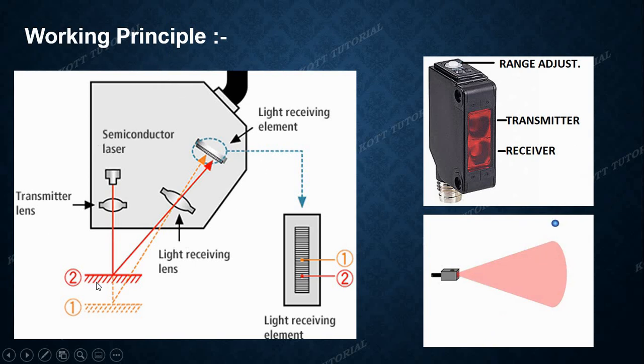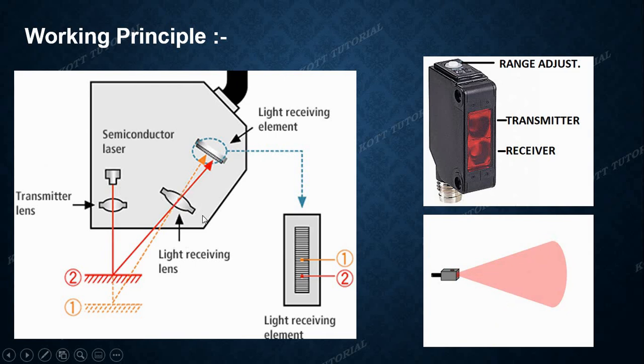So now let us come to the working principle. This is the photoelectric sensor. It consists of a semiconductor device which generates photoelectric light. This light is then incident on the target, and from the target it is reflected back to the receiver end.